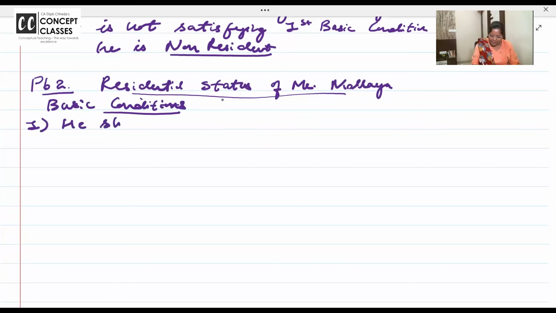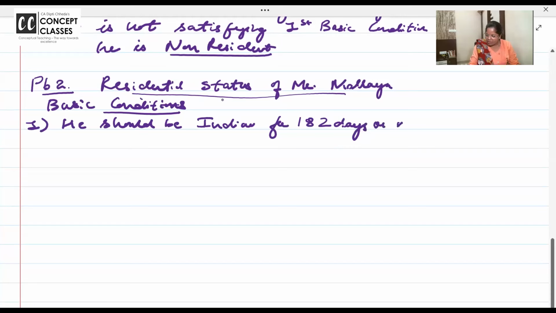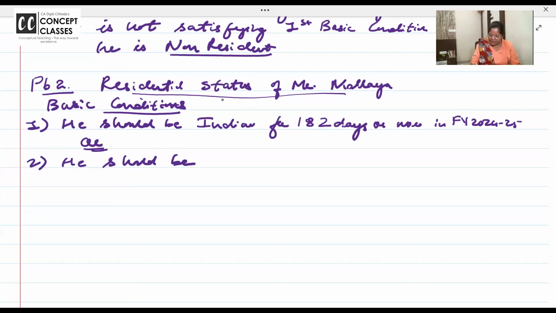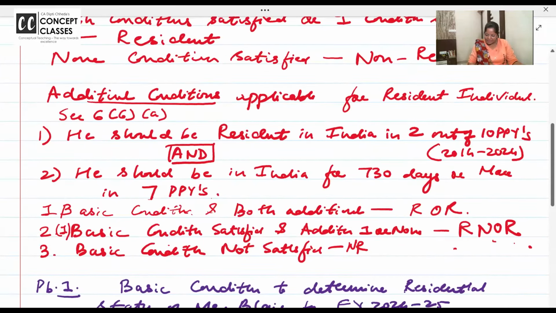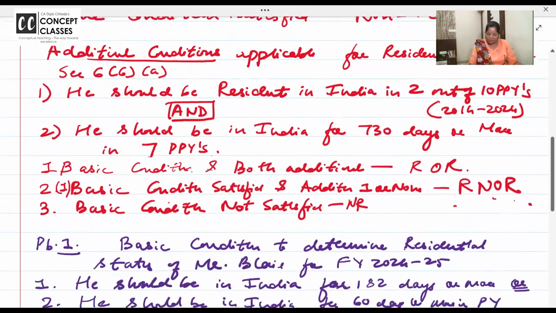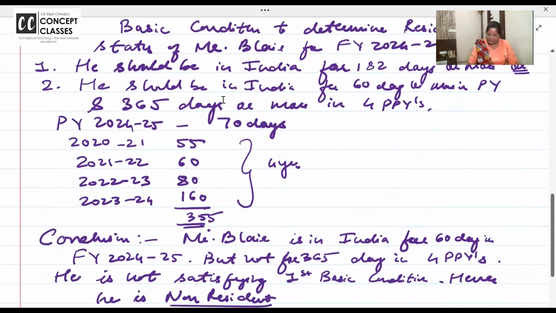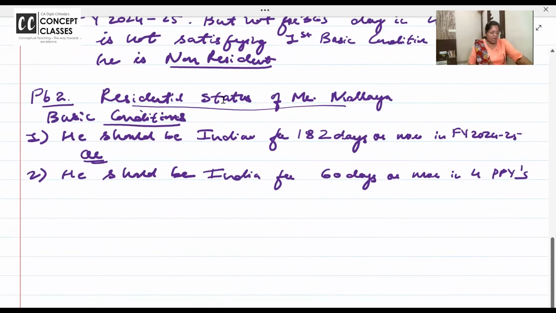Number 1. He should be in India for 182 days or more in financial year 24-25, or he should be in India for 60 days or more in 4 PPYs. Exactly copy paste. I could have copied it from here, but I wrote it again, you also write it again. Sorry, by mistake, that is the additional condition, don't write that.